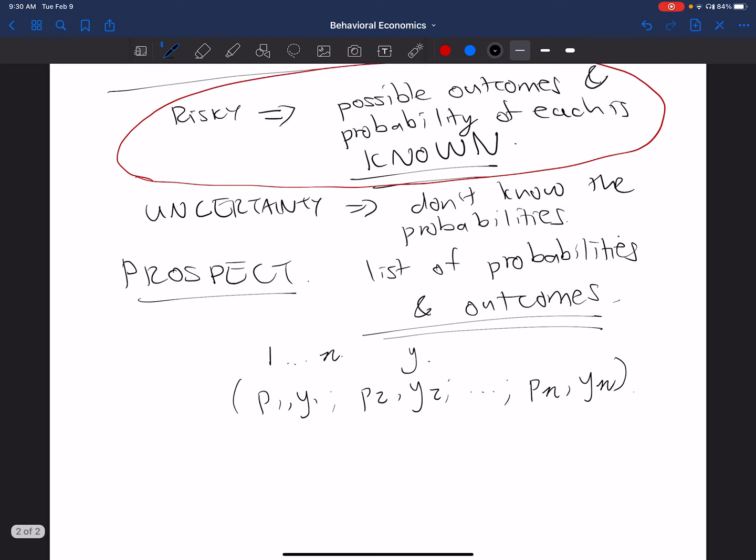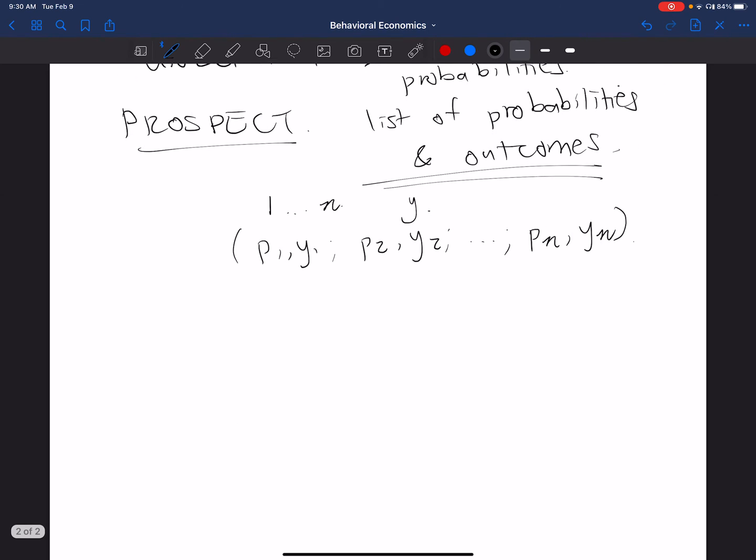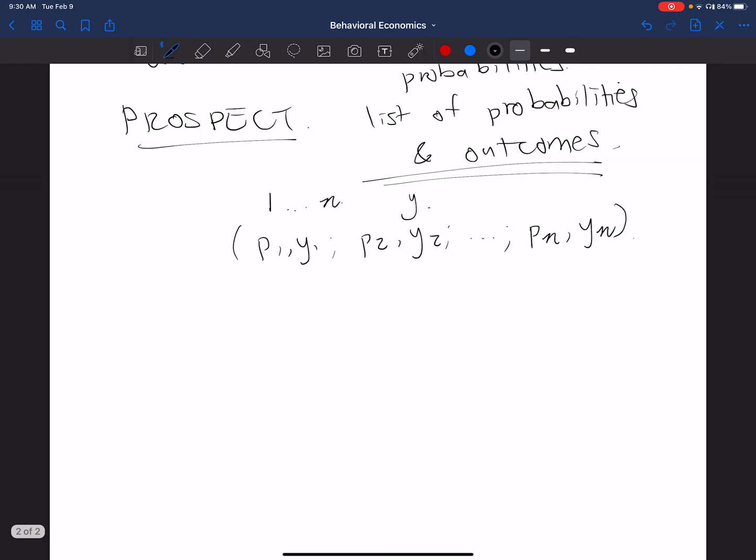Now, for each of these prospects, what are we going to think about next? Typically in economics, each of these y's we think about not just in terms of the actual good or the actual amount of money or the actual state of the world, but in terms of our utility of that thing.